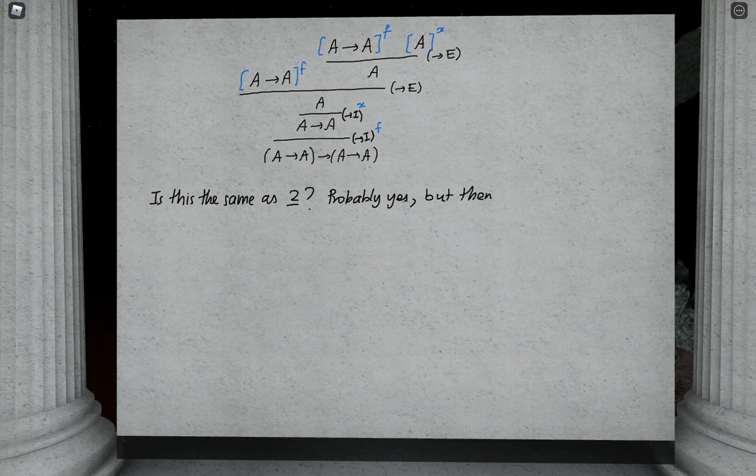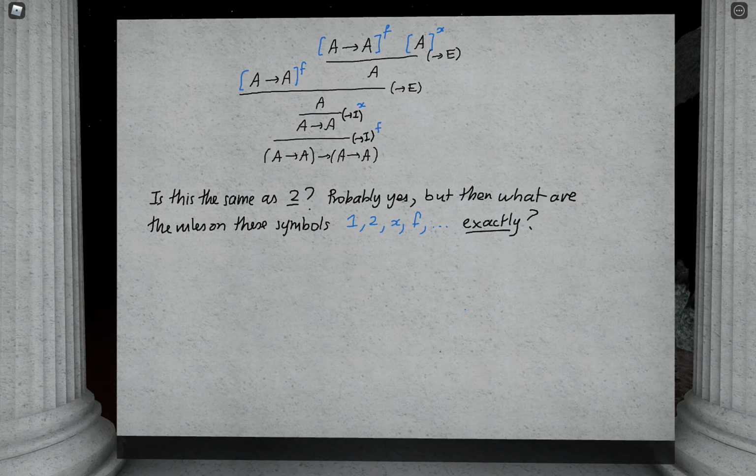But then this raises a broader question of, well, what are the rules on these symbols 1, 2, X, F, etc.? I mean, exactly. We sort of know, it's intuitive the way you're supposed to use them, but what are the exact rules?